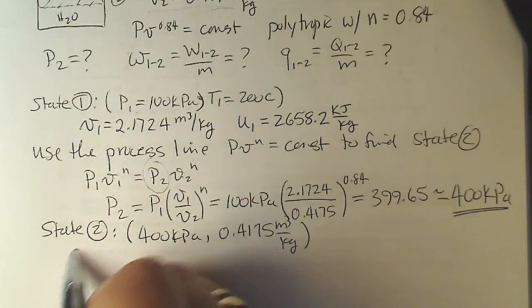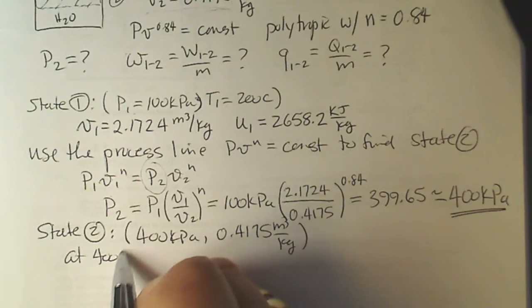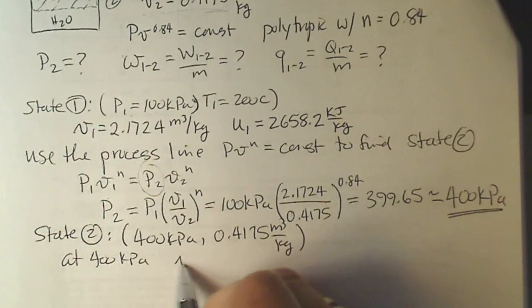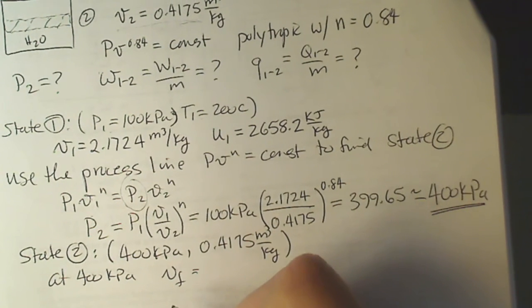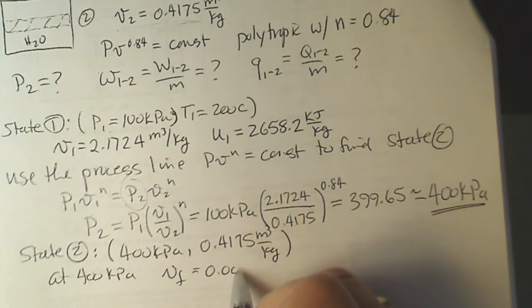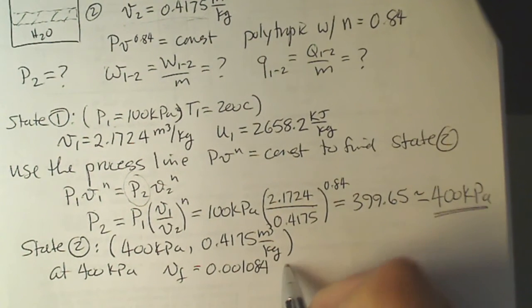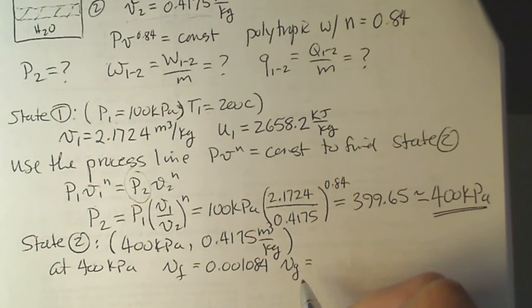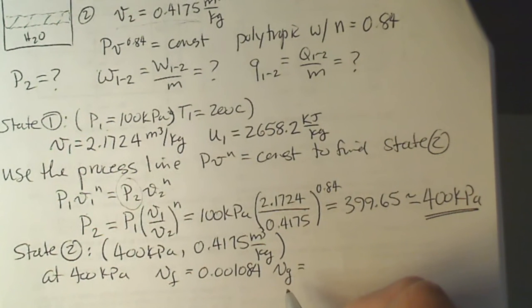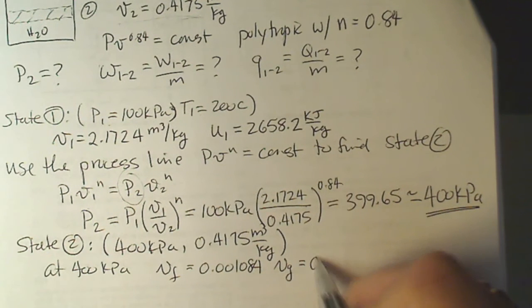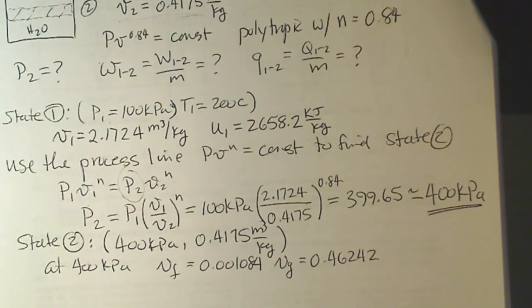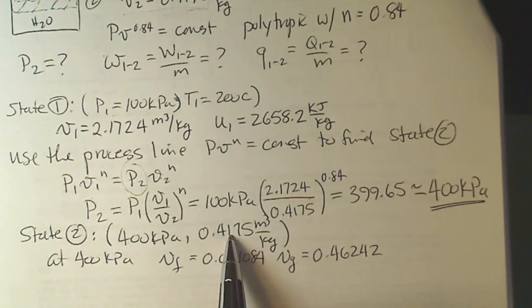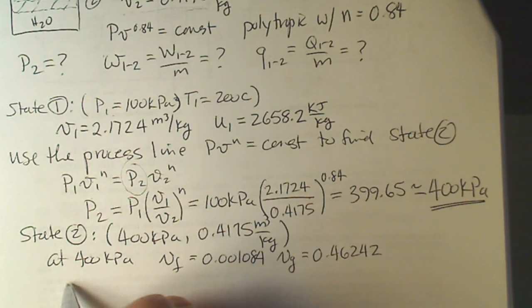What I find out is at 400 kPa, vf is equal to 0.001084 and vg is equal to 0.46242. I left the units off out of laziness, but 0.4175 is less than this and greater than that, so therefore we have a two-phase mixture.